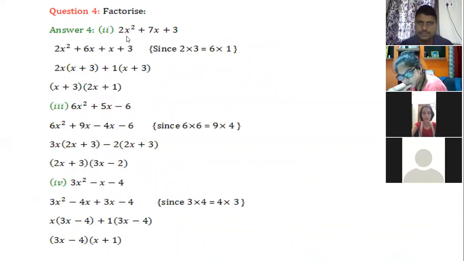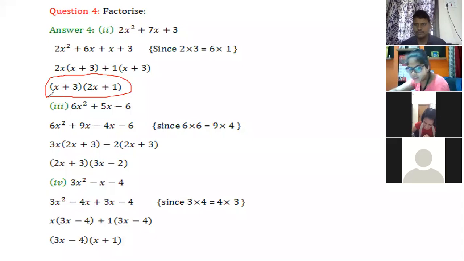Look here. x plus 3 into 2x plus 1. Right? Start doing complete 4 sums. Today we'll close the class. Next, 6 into 6, 36, take factors. 9 fours.